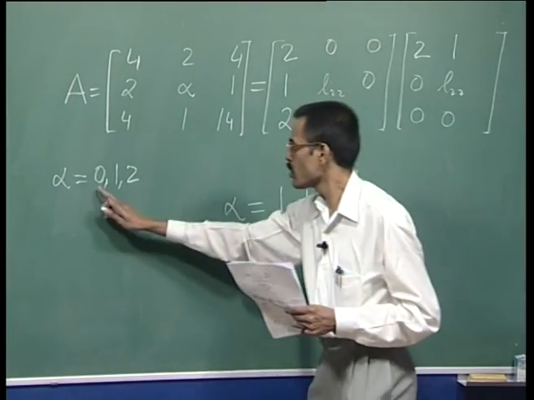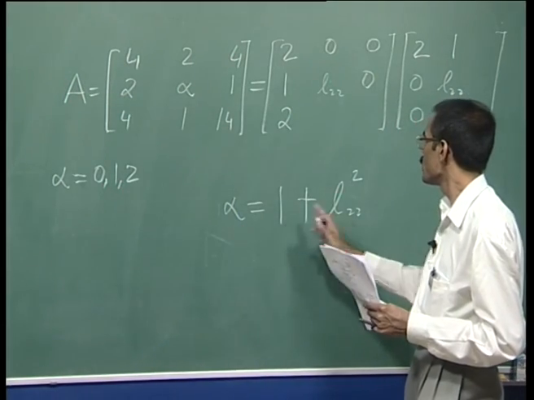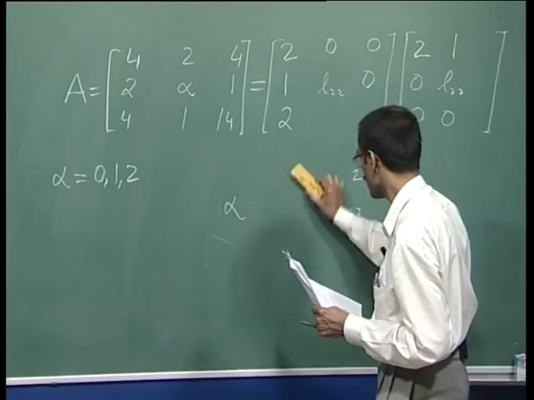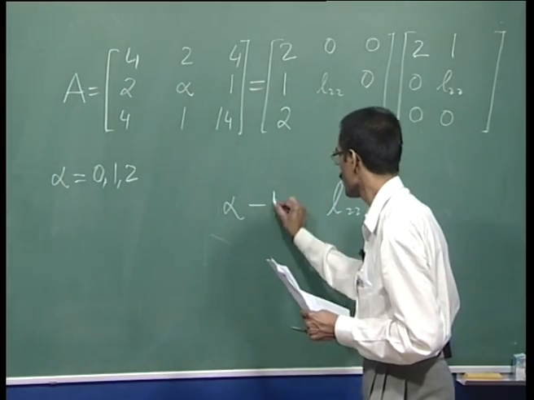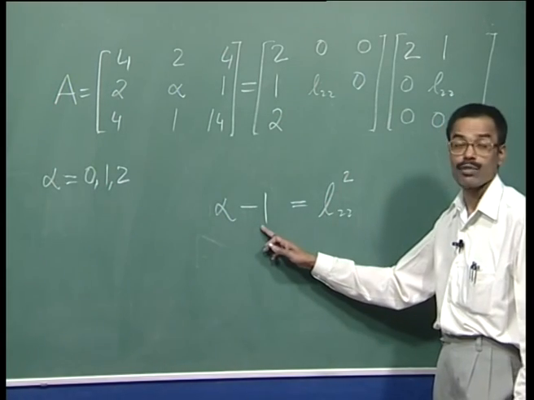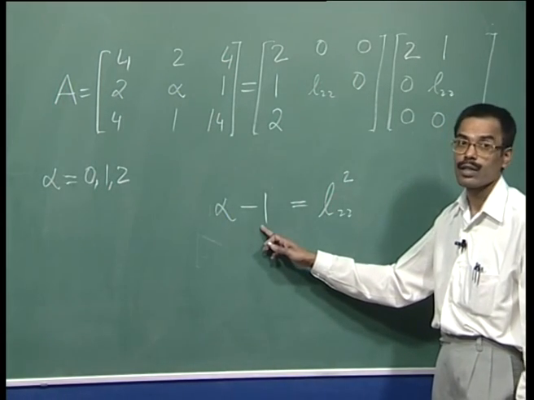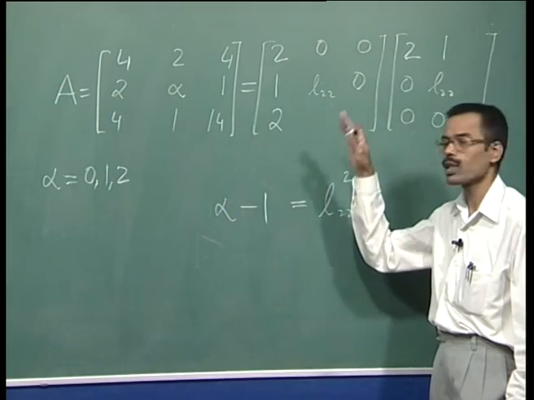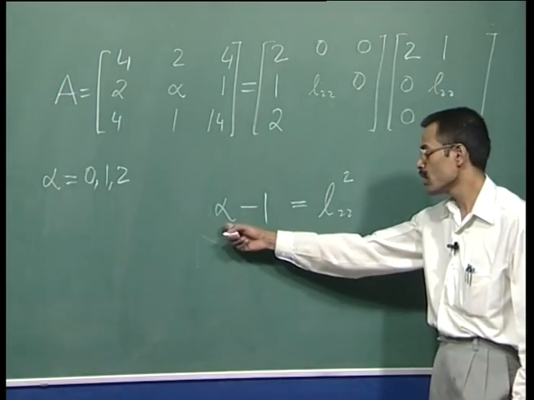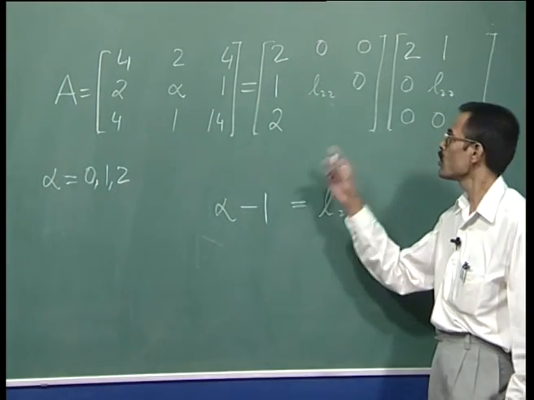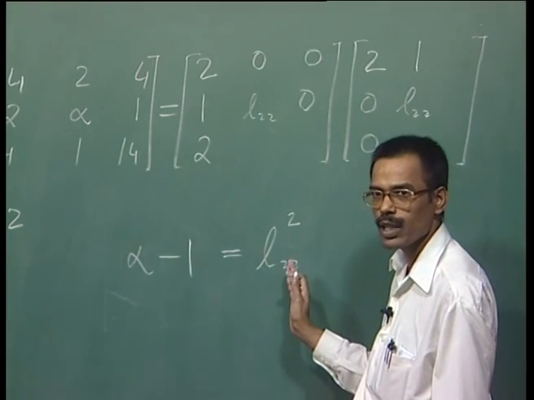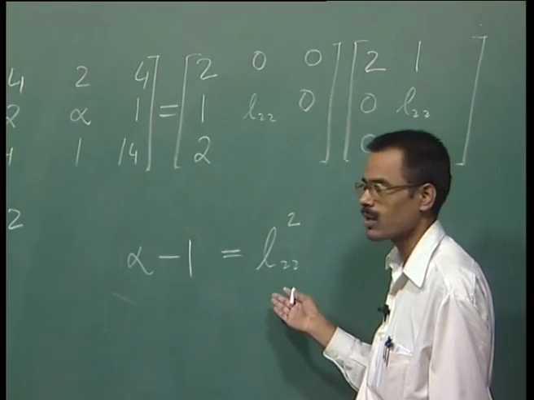Now, for alpha equal to 0, we will have L22 squared equal to 1 minus 1. That means it will not be possible, because we want the factors to be real. For alpha equal to 1, we will have L22 equal to 0, which will be fine at this stage, but at the next stage we will need to divide by that L22 and we will be stuck there.